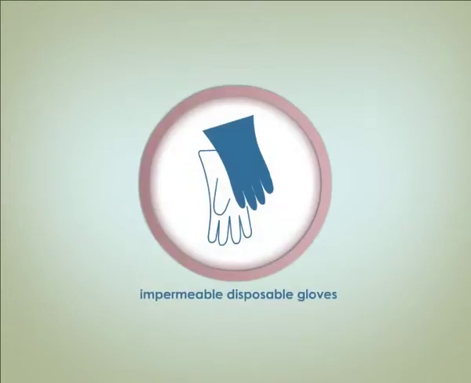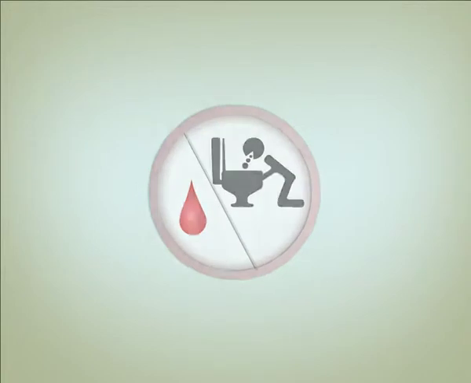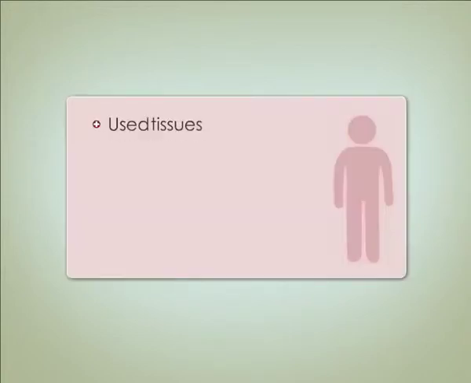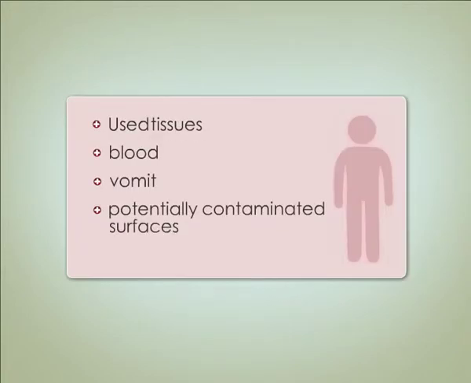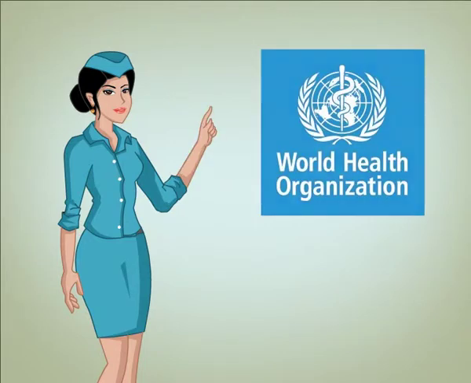Wear impermeable disposable gloves when physically attending to an ill traveler and coming in contact with body fluids, such as used tissues, blood, vomit, potentially contaminated surfaces, or lavatories. Potentially contaminated objects should be disinfected as per the WHO guidelines.